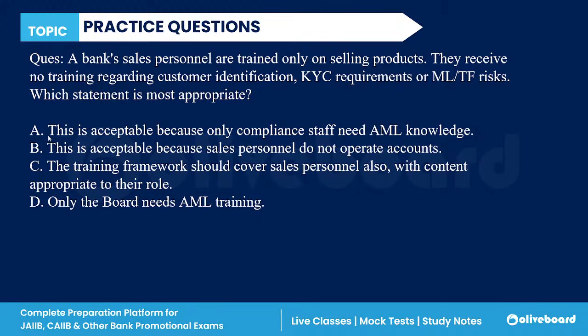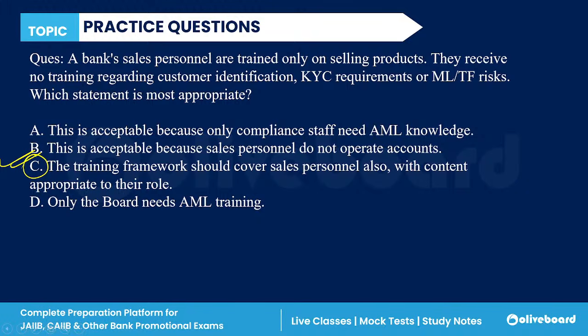See, whenever we are talking about the training framework, it should always cover the different categories of personnel. Everyone, including the sales personnel, operating staff, controller, monitoring staff, business product head, everyone should be included in this training framework, right? So, obviously, C is the correct answer here. Done? Clear?